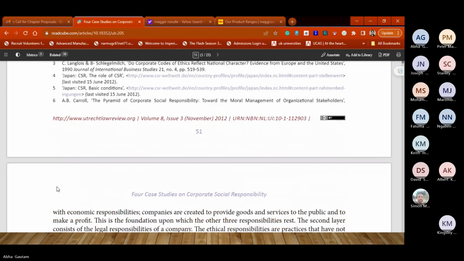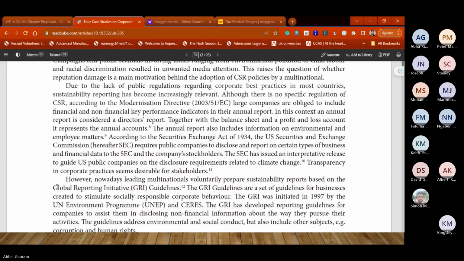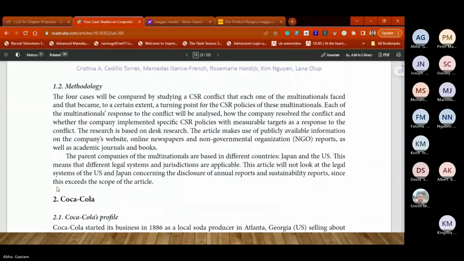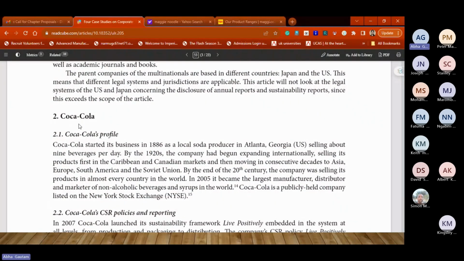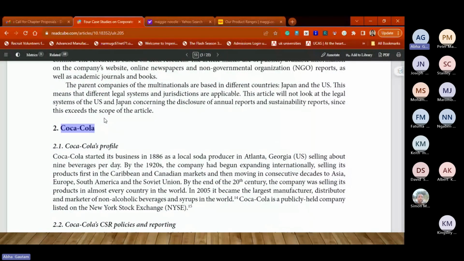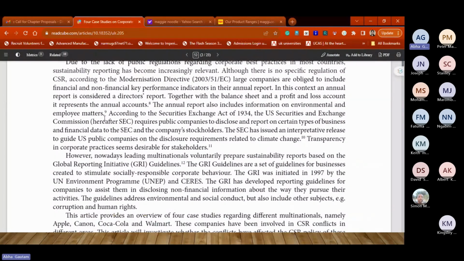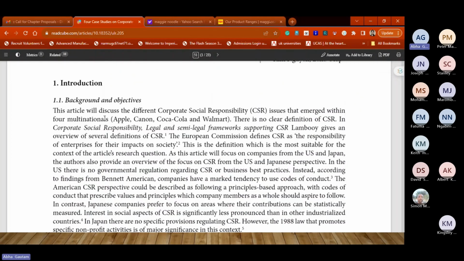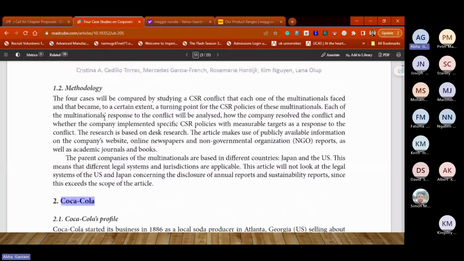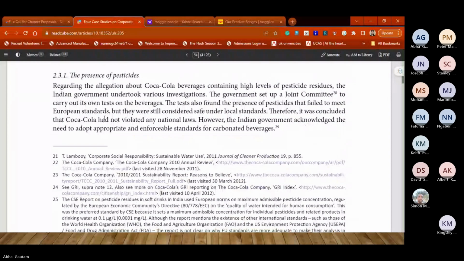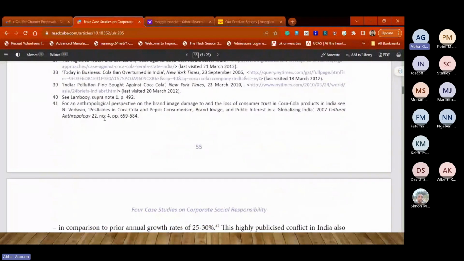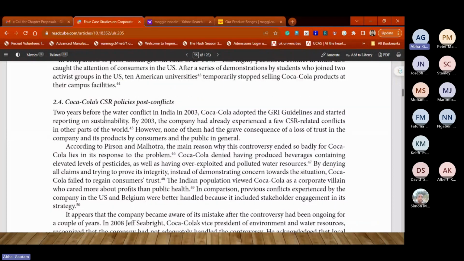One is for Coca-Cola, what they did right, what they did wrong. You have to read it from here. First is just an introduction. Then we have Walmart. You have to read these case studies for next class, and then I'll ask you questions based on it.